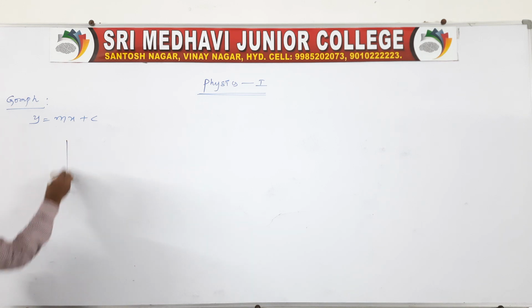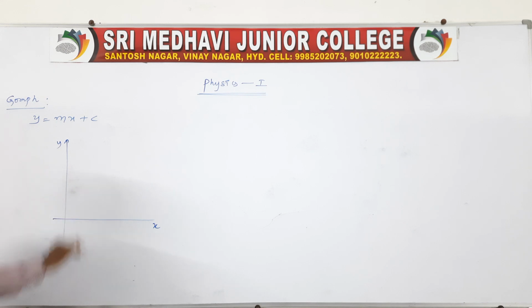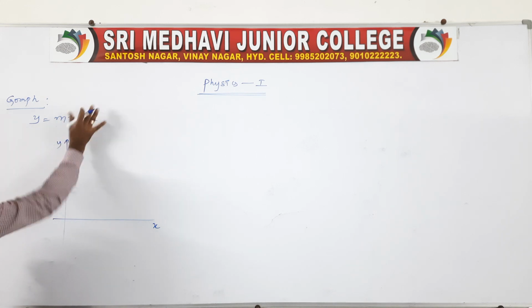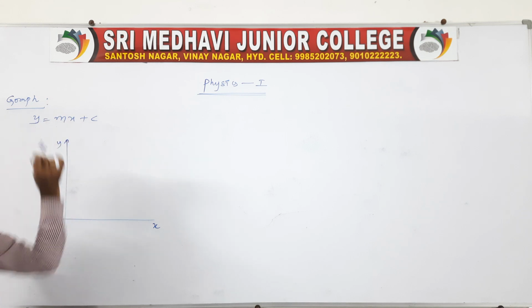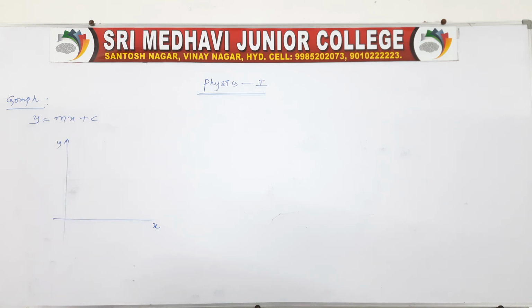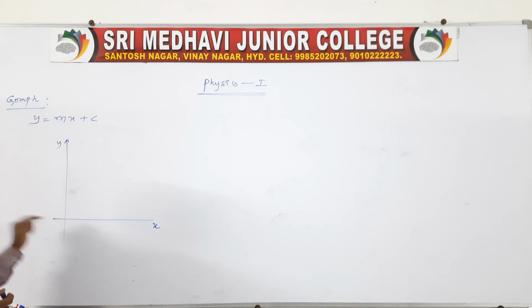Here also you take a graph like this, with x and y axes. If c is not there, we know the graph passes through the origin and it represents the slope. But here there is a plus c. So what is this plus c? Here the graph starts on the y-axis, instead of the origin, it starts somewhere else.